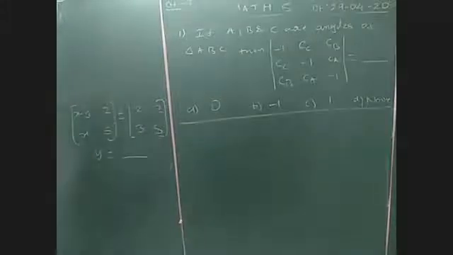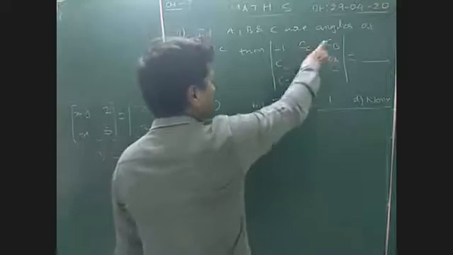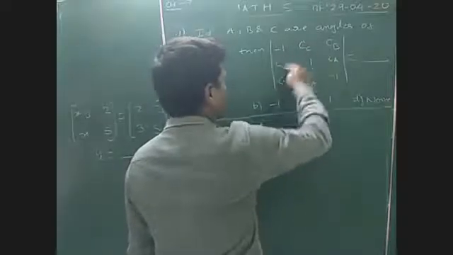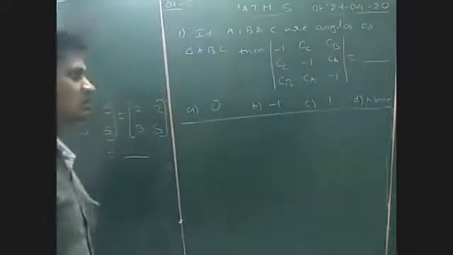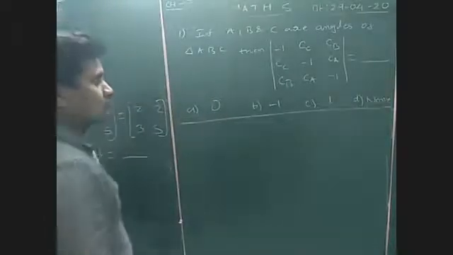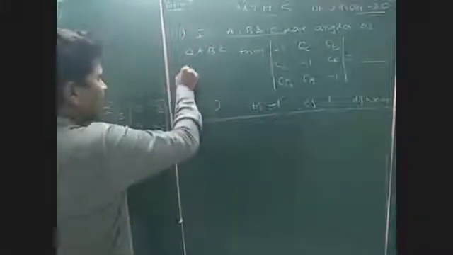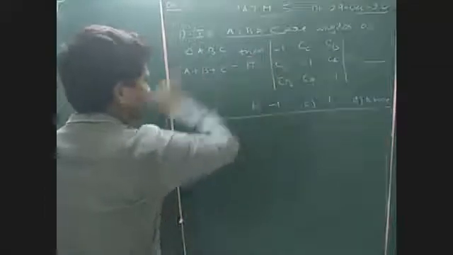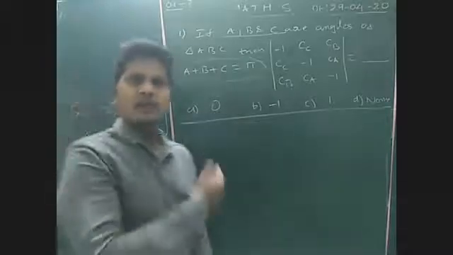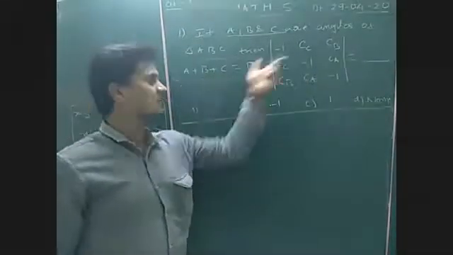-1, cos C, cos B, cos C, like indirectly they have given a symmetric matrix. They gave the condition that A, B, C are angles of a triangle. Already we know that for the angles of a triangle, A plus B plus C is equal to 180. So you can substitute the A, B, C values.